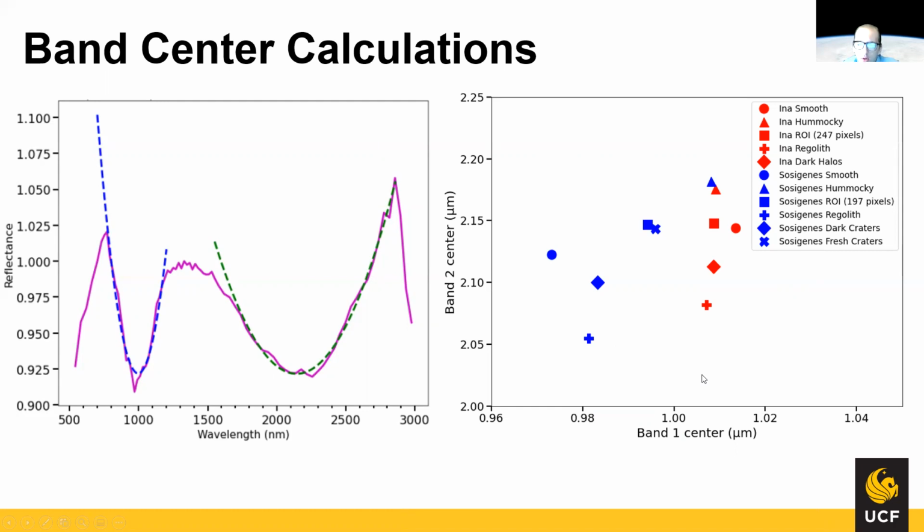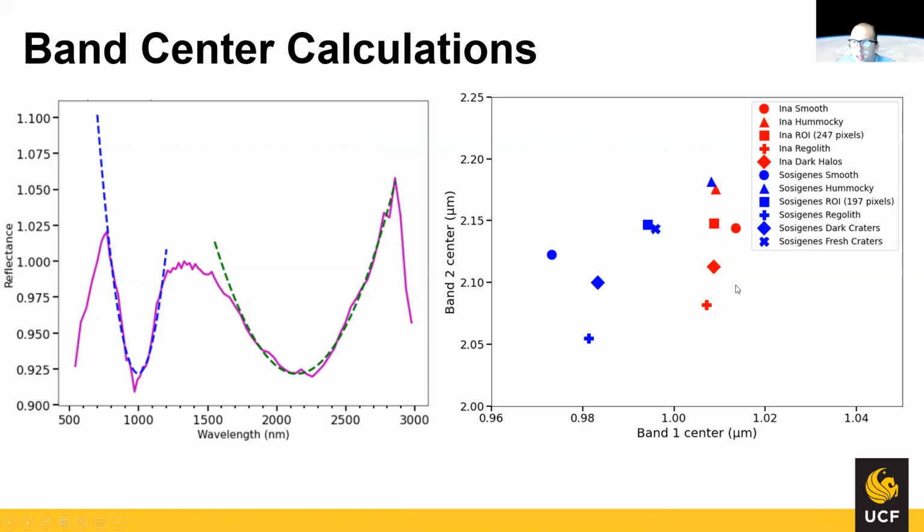And observing this parameter space, we can see that Sosogenes and its surrounding terrain have a wider range of band 1 centers when compared to the range of band 1 centers for Ina. The ranges of the band 2 center positions, however, for both Ina and Sosogenes appear relatively similar. We can also see here that for Sosogenes, the average interior is very close to the band center positions of the fresh craters.